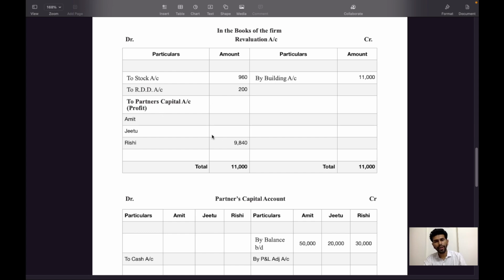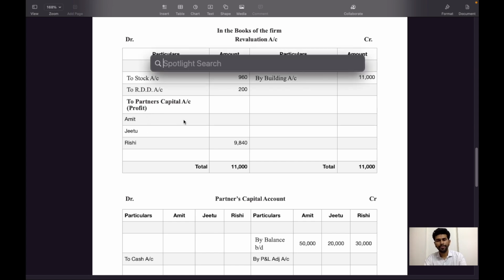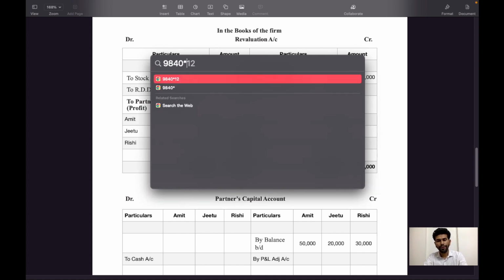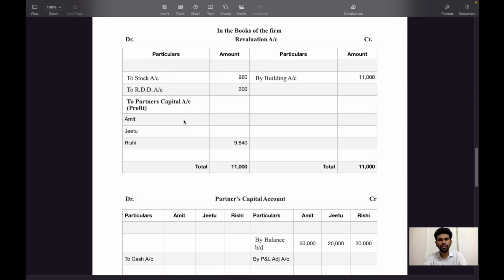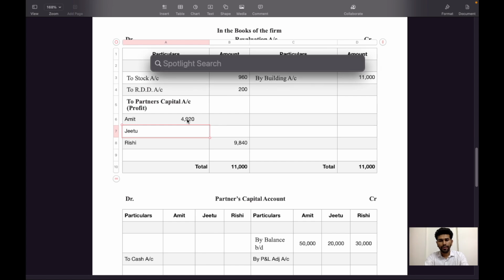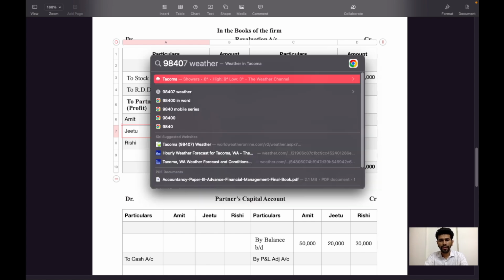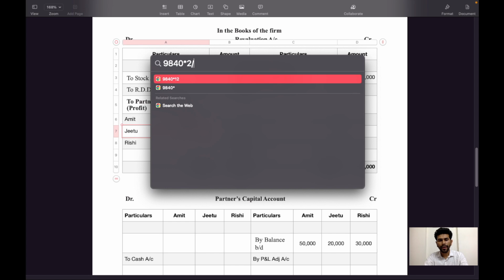It is distributed among three partners in their profit sharing ratio. 9,840 into 5 by 10, Amit's share is 5 by 10, 4,920. 9,840 into 2 by 10, 1,968.